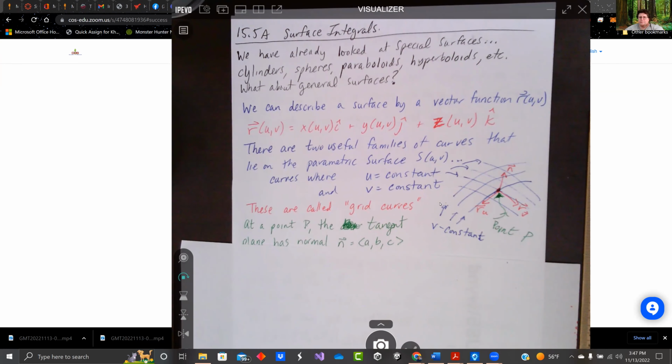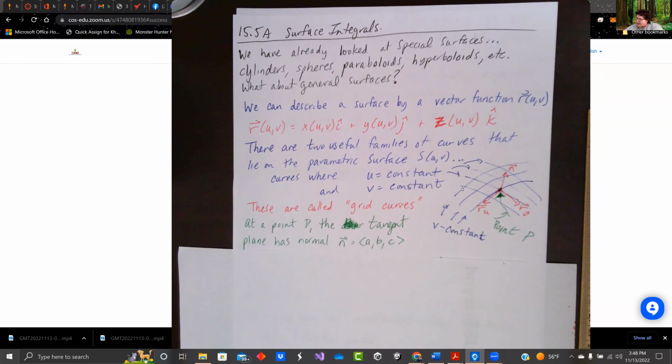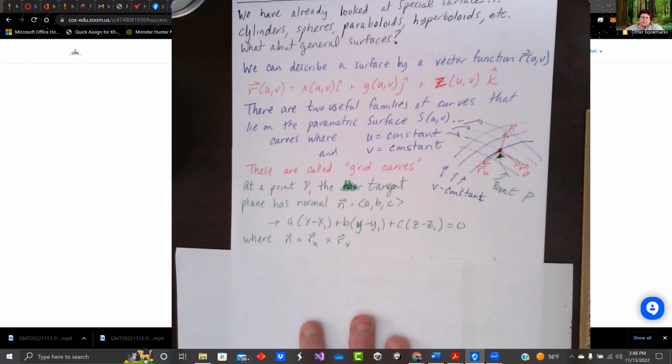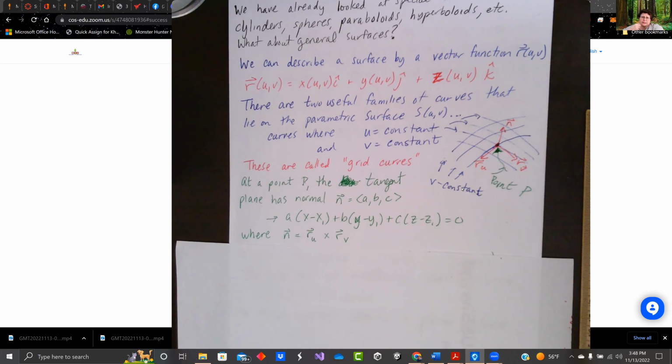At a point P, we can make a tangent plane. The tangent plane has a normal, n equals ABC. With that normal, we can make the equation for the plane: a times (x minus x1) plus b times (y minus y1) plus c times (z minus z1). We've done all this before. n was the cross product of the derivative of r with respect to u and r with respect to v.